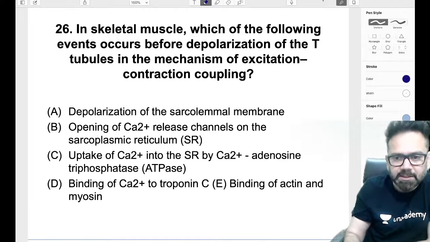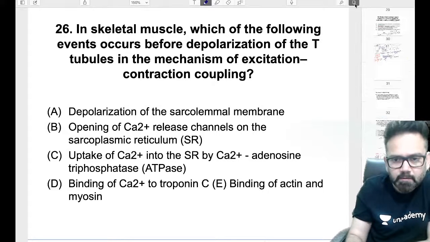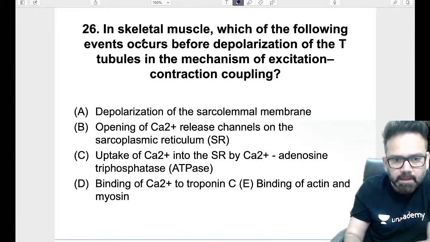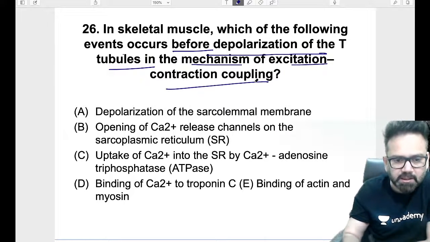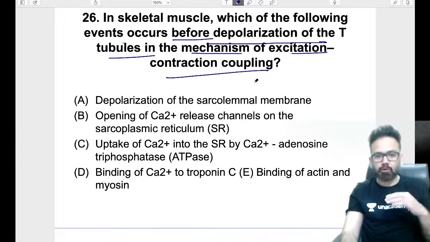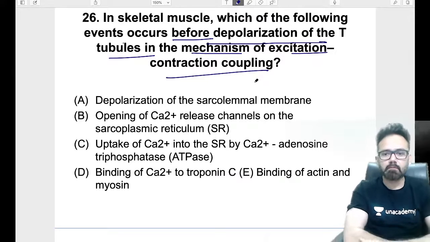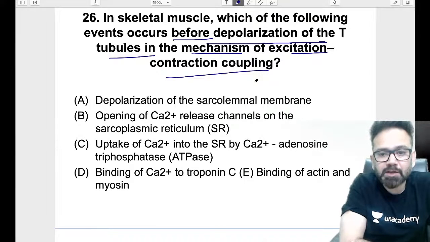Coming to the next MCQ: in a skeletal muscle, which of the following events occurs before depolarization of the T tubules in the mechanism of excitation-contraction coupling? Even before depolarization of the T tubule, what is happening?